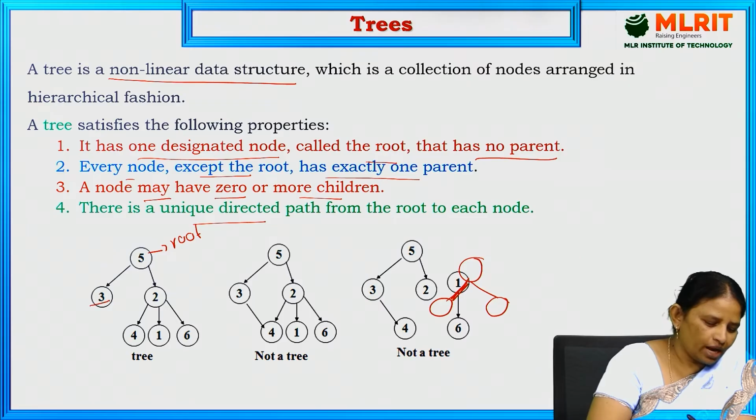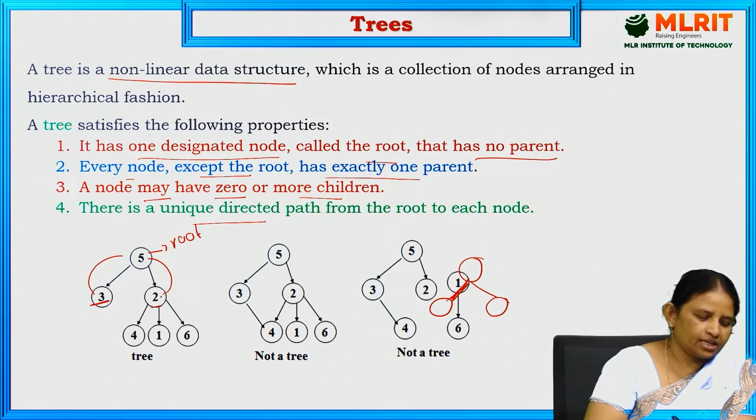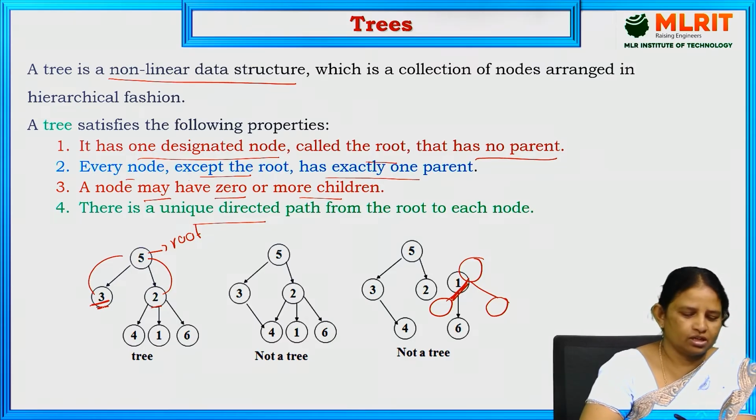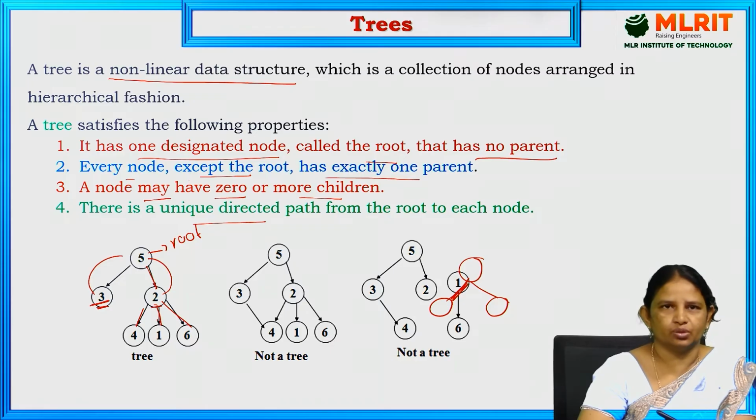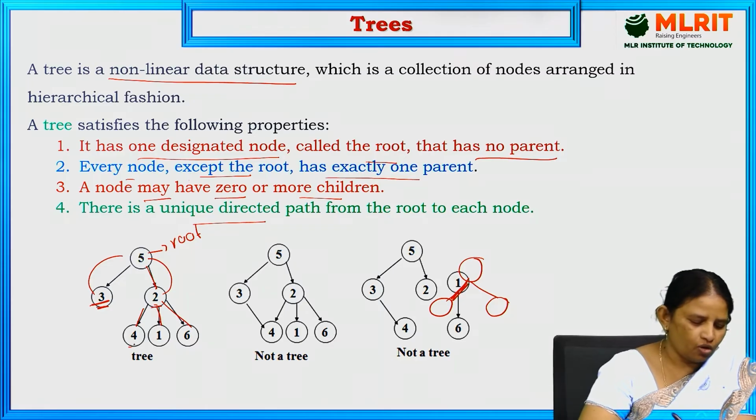Every node has one designated parent: 3's parent is 5, 2's parent is 5, 4's parent is 2, and 6's parent is 2. Second condition: a node may have 0 children, like 3, and 2 has 3 children. A directed path is present to reach from the root node to 4: from 5 to 2, and 2 to 4.